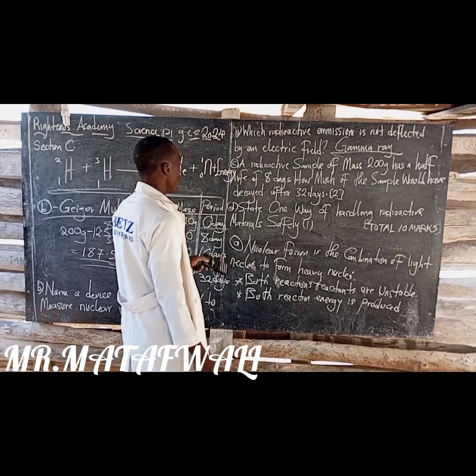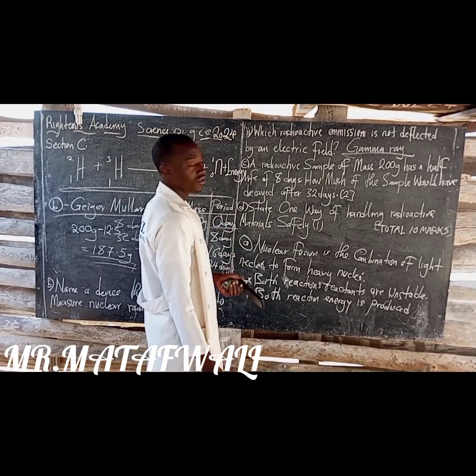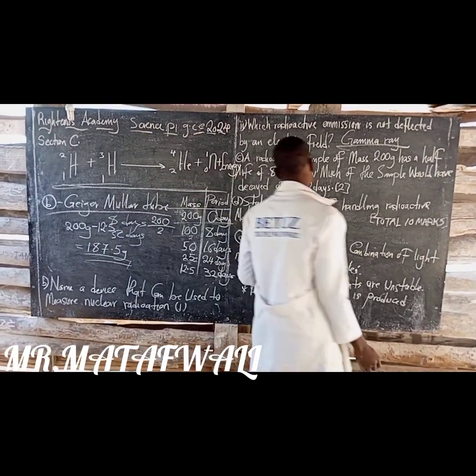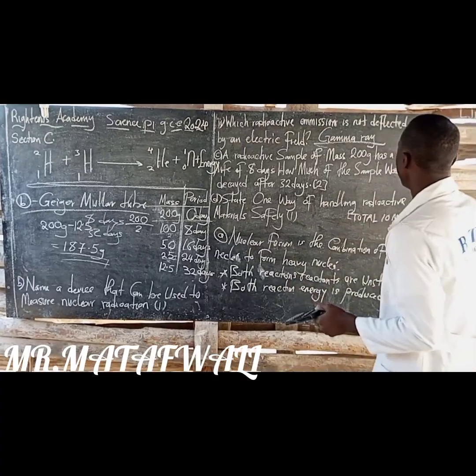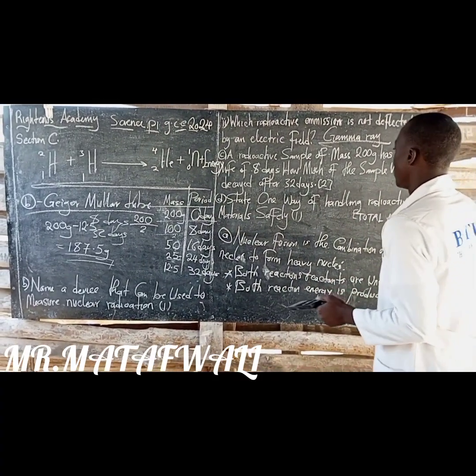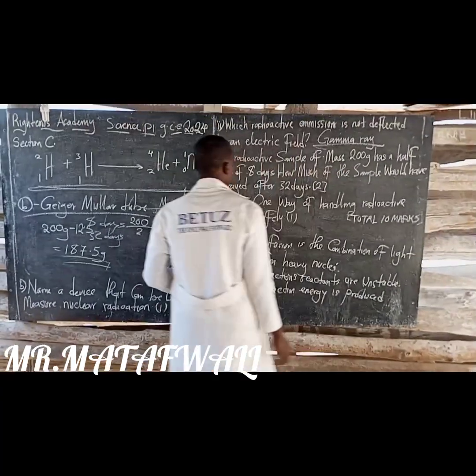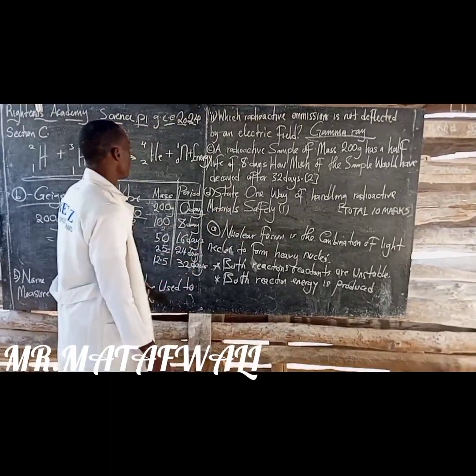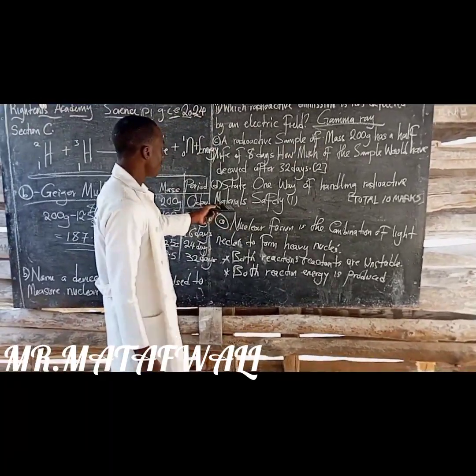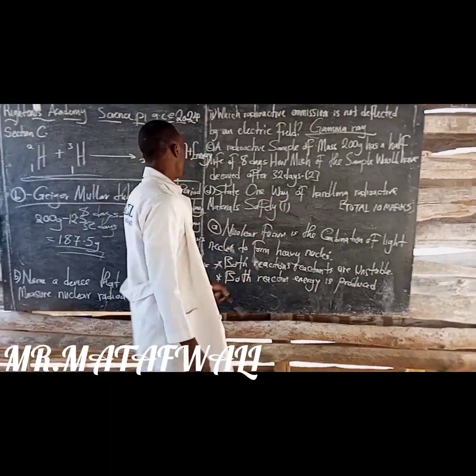So we are going to move on to question D, which was the last question. State one way of handling radioactive materials safely. For this question, we are given 1 mark.